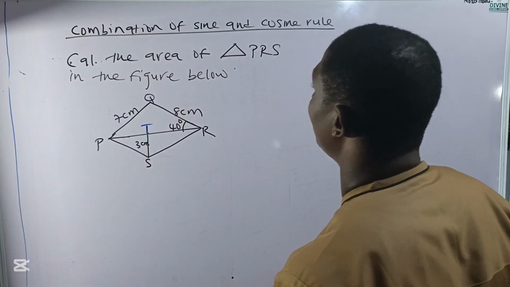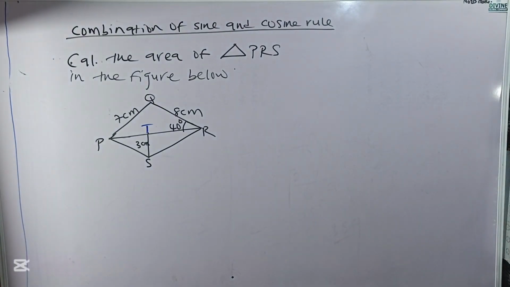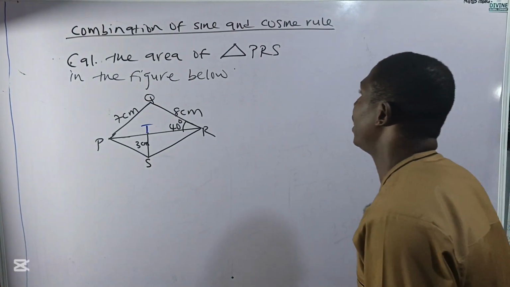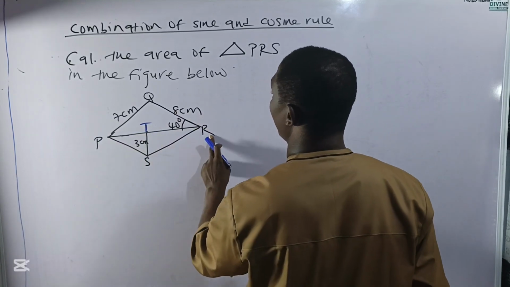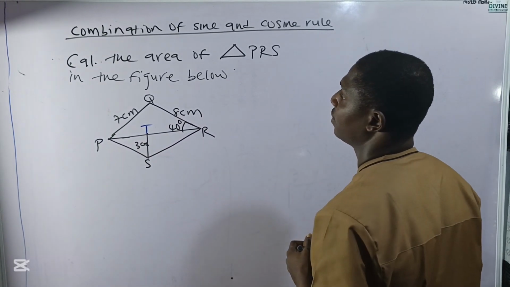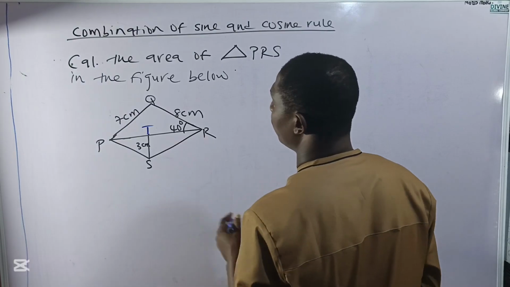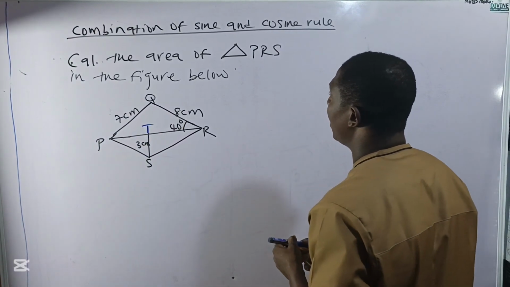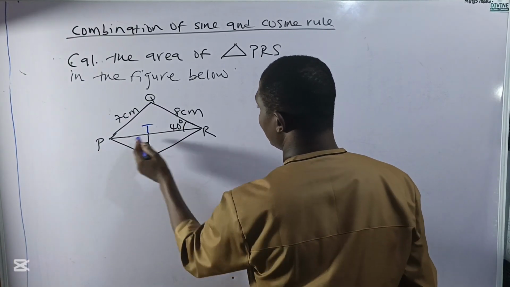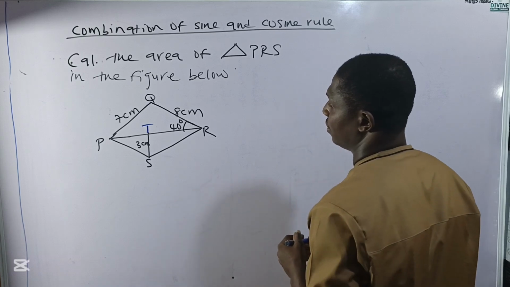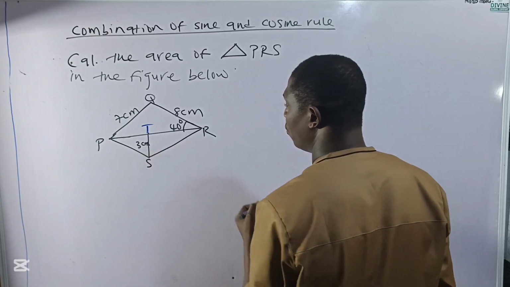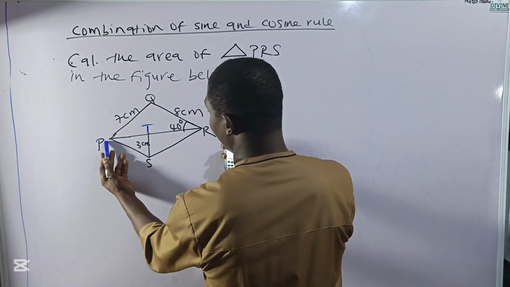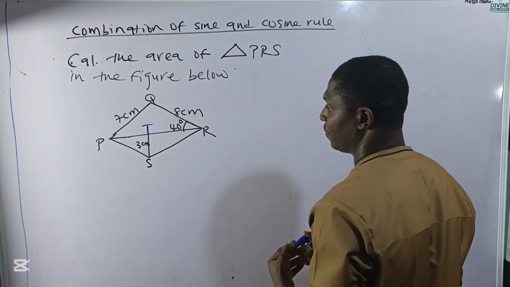Again, we have a figure on the board. They say we should calculate the area of triangle PQR in the figure below. So we have this figure, and the triangle they are talking about is PQR. For the area of a triangle, since I have the height of the triangle known, PQ should be my base.